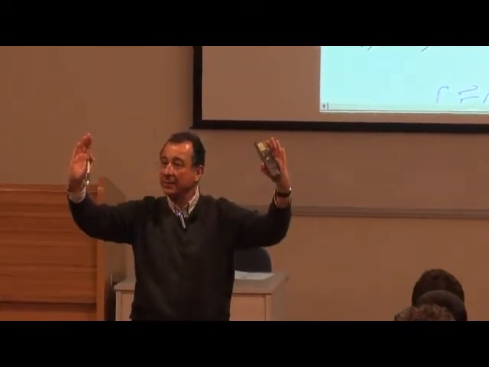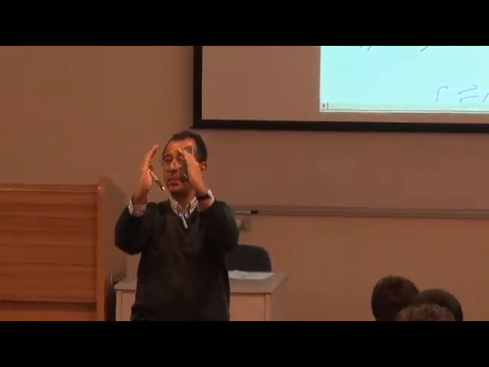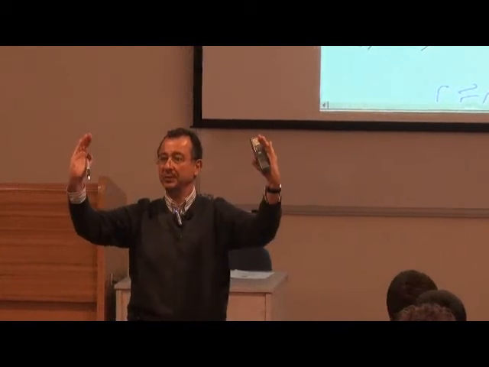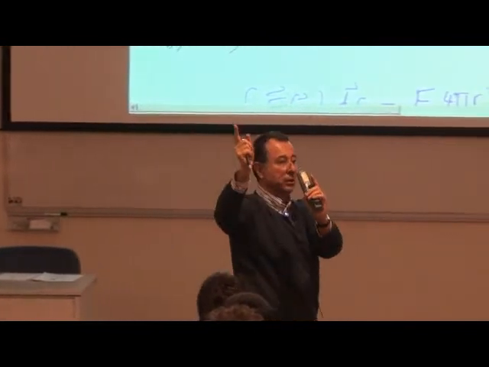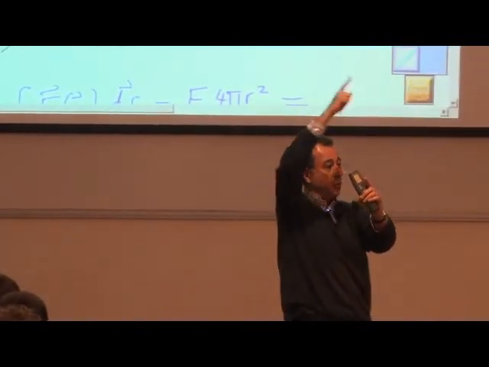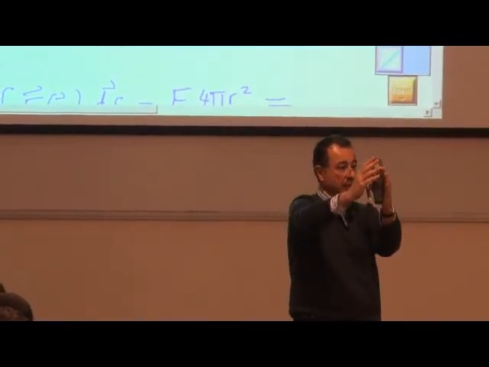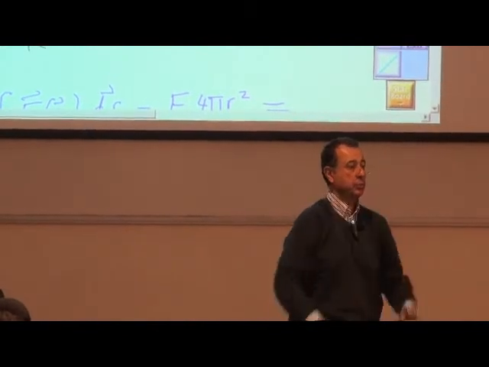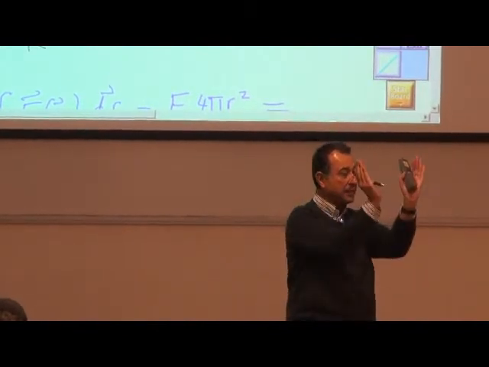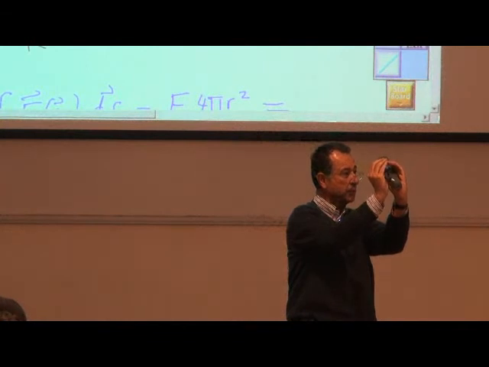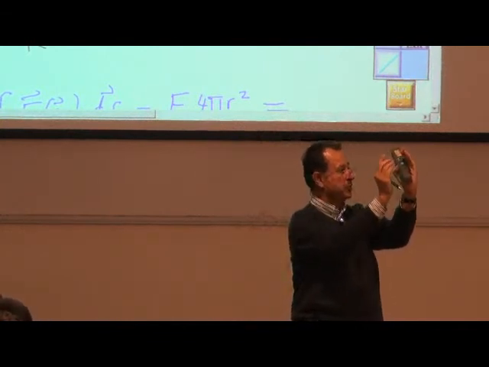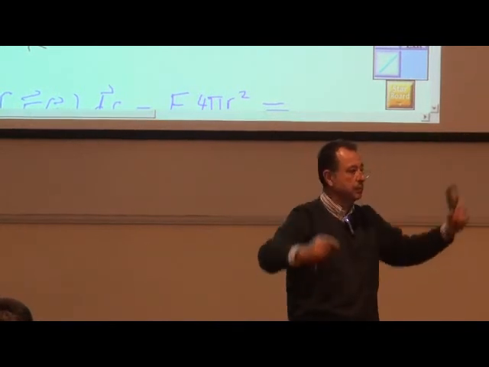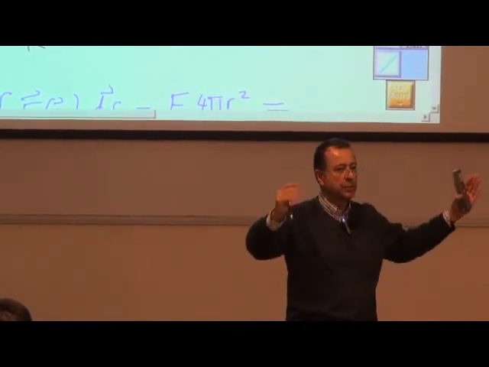Now that I'm outside, all of the Q, as soon as I pass through the surface, and I'm interested in points that are outside the ball, I draw my Gauss sphere. What's inside? Now, instead of 0, it's the whole Q. Because it was right at the surface. If you are further in from the surface, charge inside with respect to your Gauss sphere is 0. When you move out, it's Q. In a step, it becomes Q. Okay?